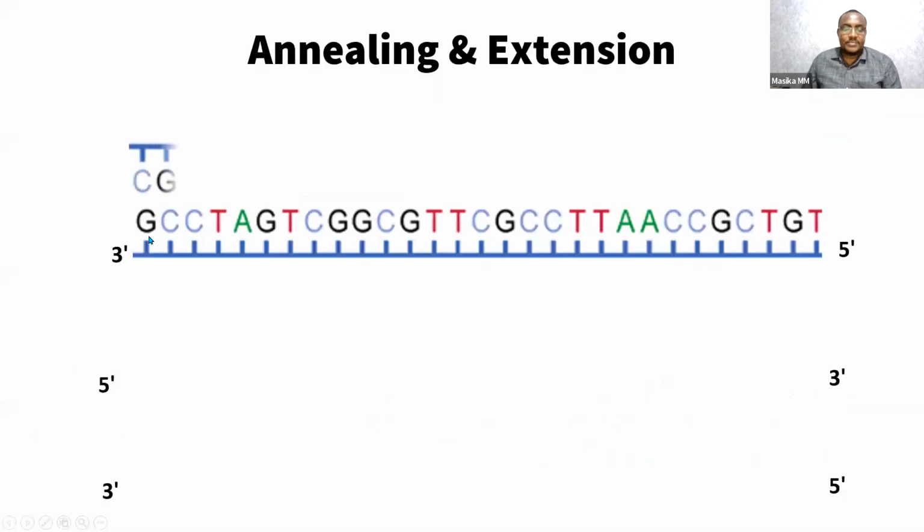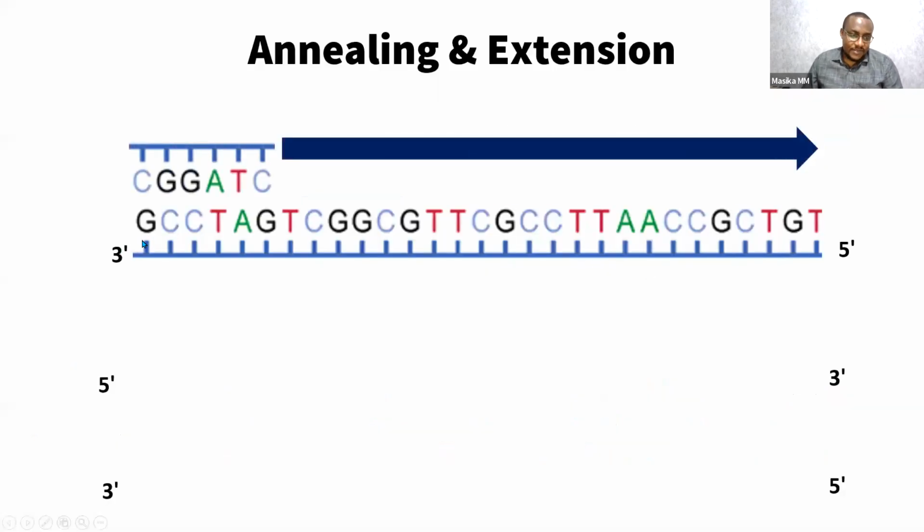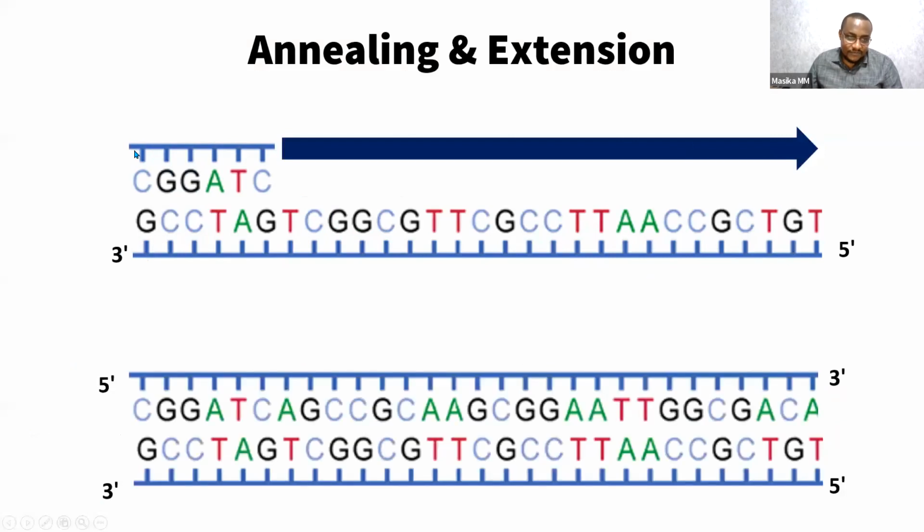So you can see the strand up here, the primer attached from the 3' side, but that means the primer is then running from 5' to 3' direction. It's just the way the DNA binds. So the complementary strands run in opposite direction.